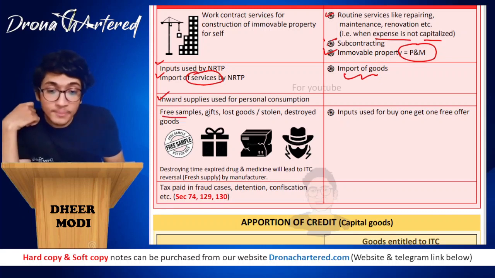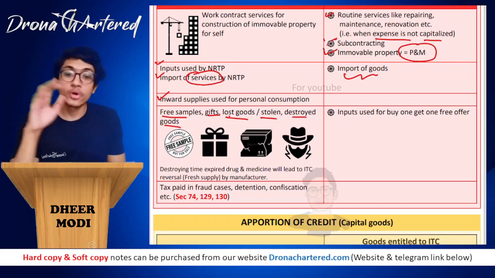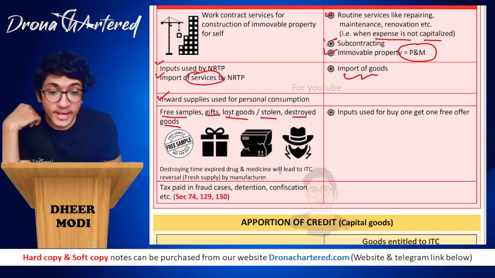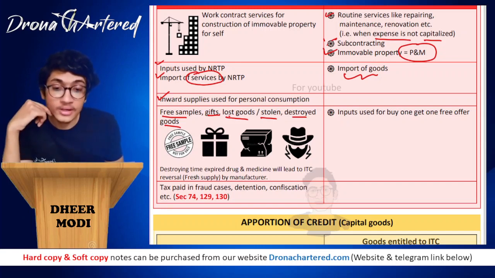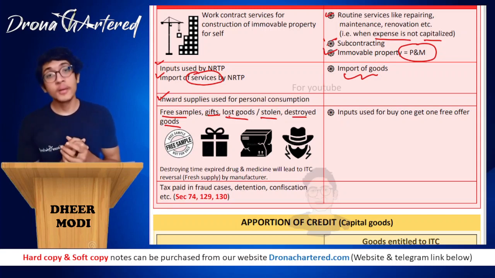Any free samples, gifts, or any goods that were lost or stolen, destroyed goods, on that also you will not be getting any ITC. Destroying time expired drug and medicine will lead to ITC reversal by the manufacturer. That is, if any medicine that you have manufactured has expired, you will have to destroy these medicines.